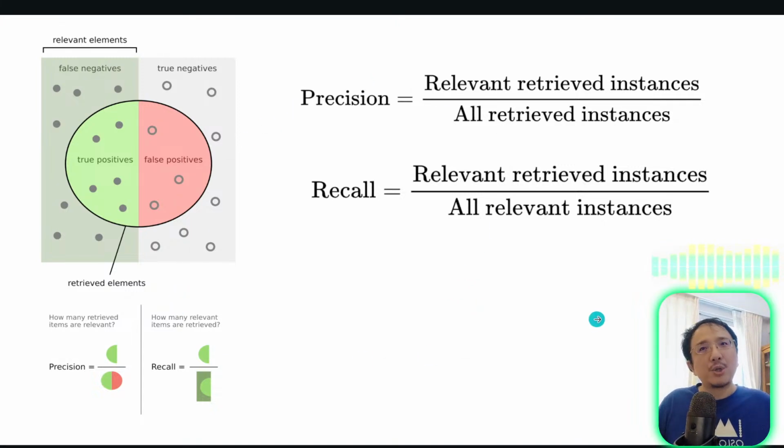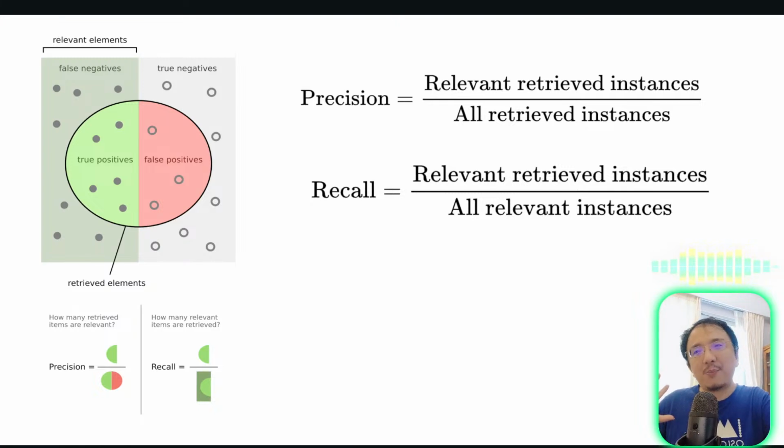There are many metrics because a lot of different areas use similar ideas but use different terminology, like in medical, in biological, in physics, in statistics, and in a lot of other areas, or in social science. Sometimes they use sensitivity, specificity, or precision or recall.